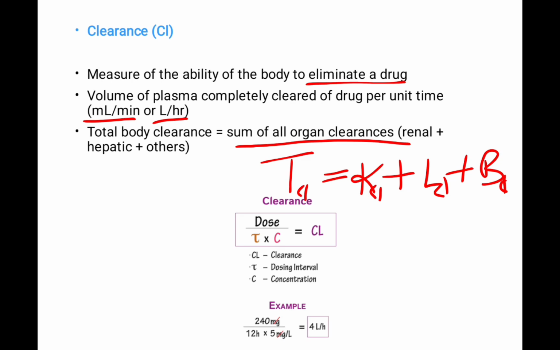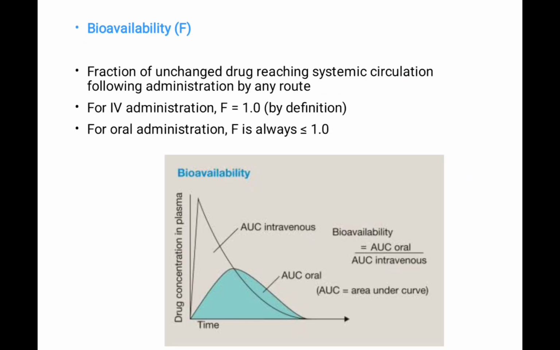So the formula is dose divided by the dosing interval multiplied by the concentration of that drug. For example, if you have a dosing interval of 12 hours and you have a concentration of 5 milligrams per liter and a dose of 240 milligrams, your clearance is 4 liters per hour.